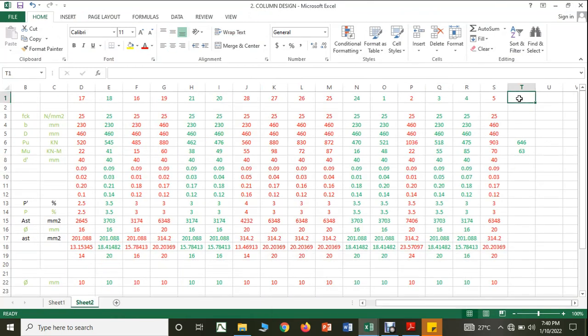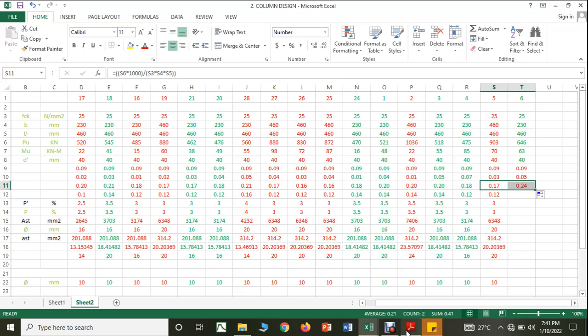Let us see column number 6, 25, 230, 460. This will be 40. When I do that, 0.05, it is 0.24. So 0.24 is a very high value.